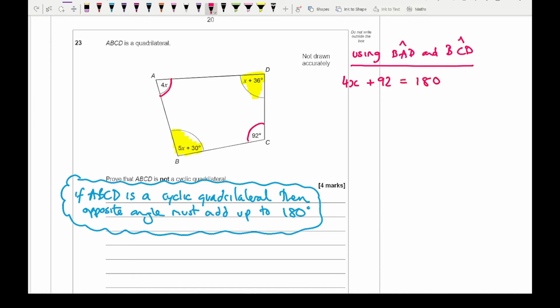So then we can find the value of x. So here then we've got 4x, and then 180 take away 92 is going to give me 88, so x equals 22.